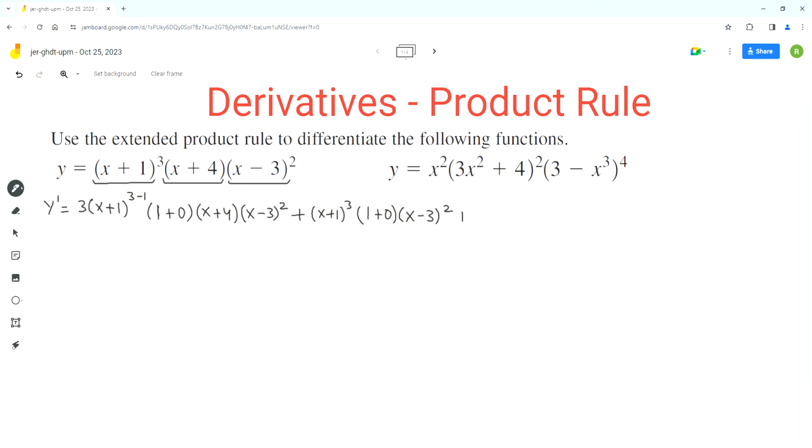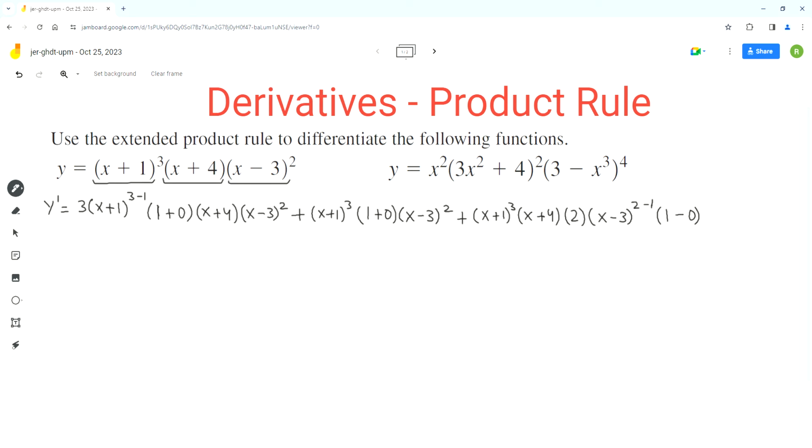And then plus, now we'll write the first and the second functions as they are, (x plus 1) cubed times (x plus 4) times the derivative of the third function. As per the power rule, it will be 2 times (x minus 3) exponent 2 minus 1 times the derivative of the inner function, which will be 1 minus 0.